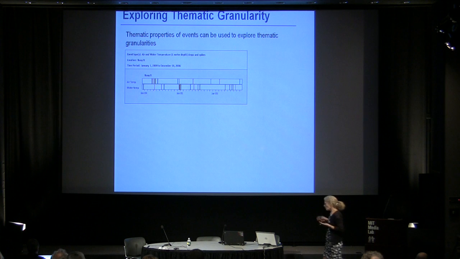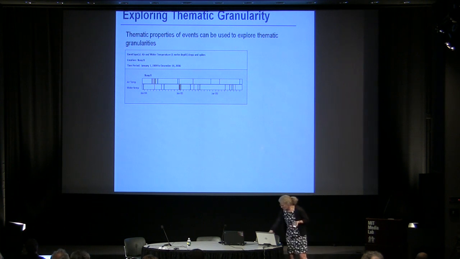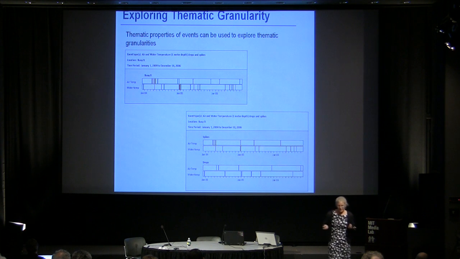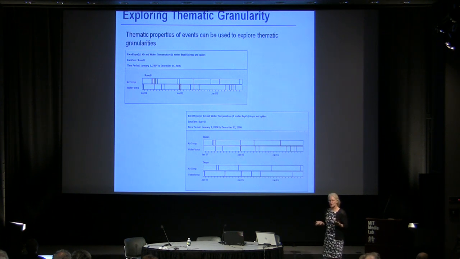What I might want to do is separate them out so that I have a finer grained view of these events. And now I'm just looking at the spikes together and the drops together. So we can rearrange them in different ways to just explore.